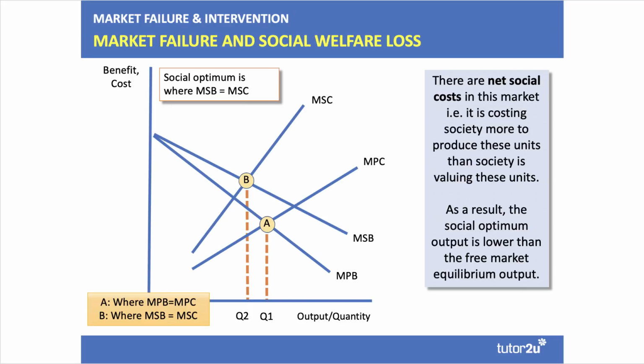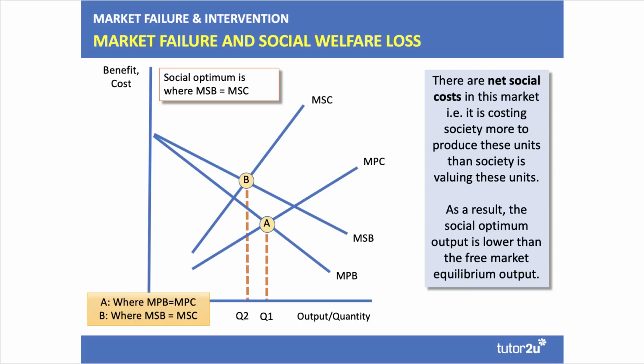Very important if you want to get the top marks, particularly if you've got an example where you feel there are both positive and negative externalities, is to draw a diagram showing both in action. I'll give you 2 examples here. In this particular case, there's a significant external cost. Can you see the marginal social cost lying way above the marginal private cost? There is also a positive external benefit, because marginal social benefit lies above private benefit.